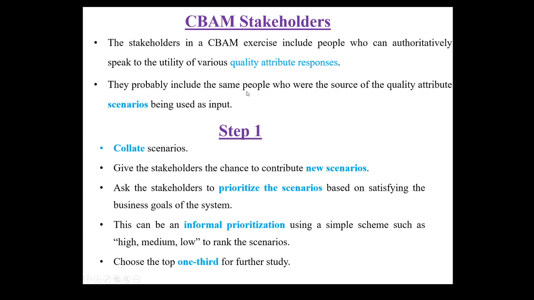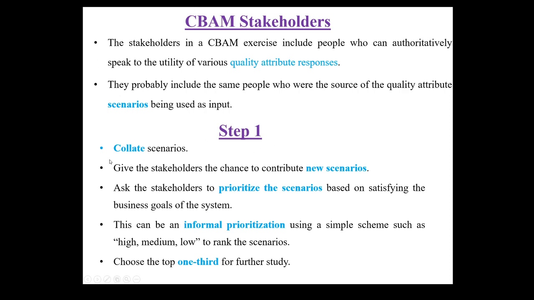They have to include the same people who were the source of the quality attribute scenarios being used as input. Stakeholders are nothing but the users. Here the stakeholders represent the CBAM method users. These users have to speak authoritatively about the quality attribute responses, and the same people will be the source of the quality attribute scenarios. Clear about this? Now we are going to see the steps.